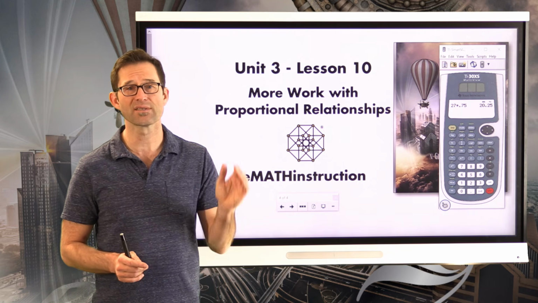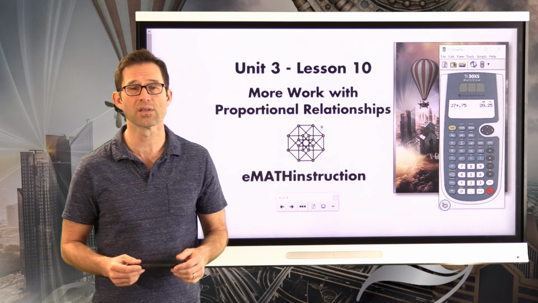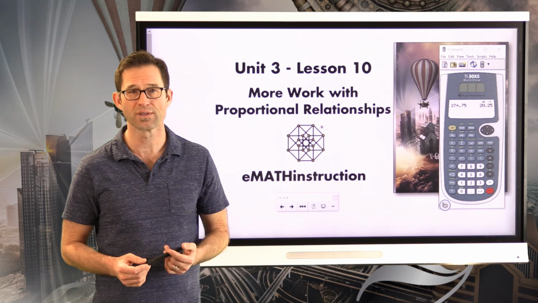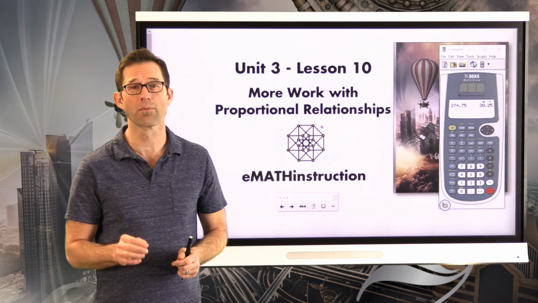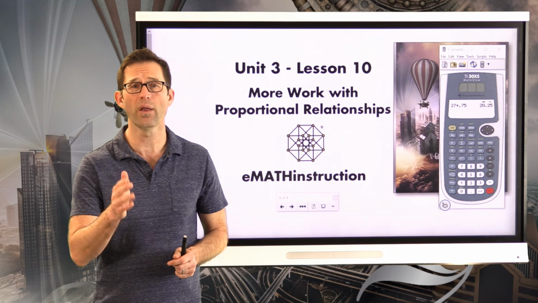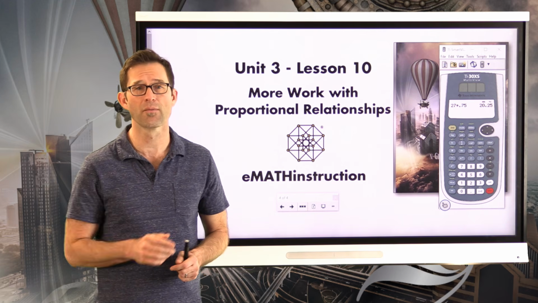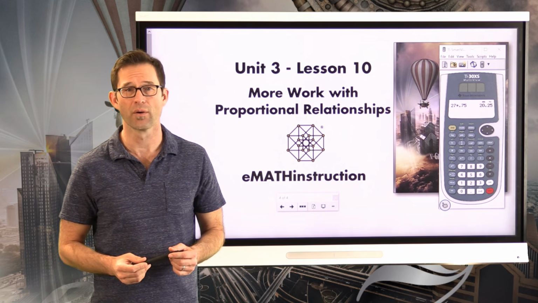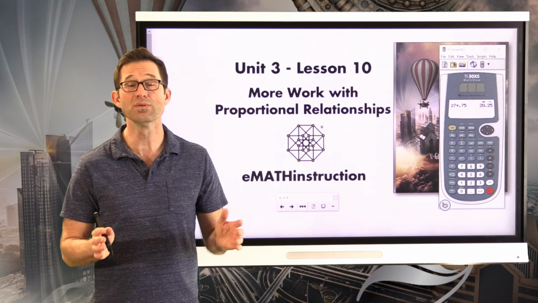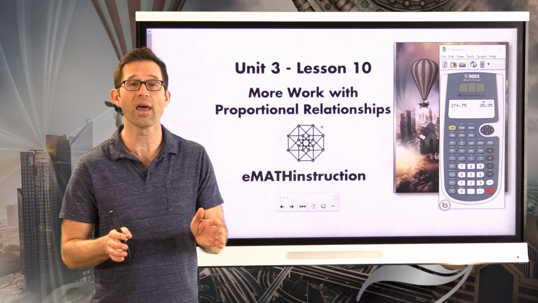Whichever one's on the y-axis should be divided by the one on the x-axis. That'll give us also the proper units. Finally, we can also have equations of proportional relationships, which is simply one variable equals the constant of proportionality times the other variable.